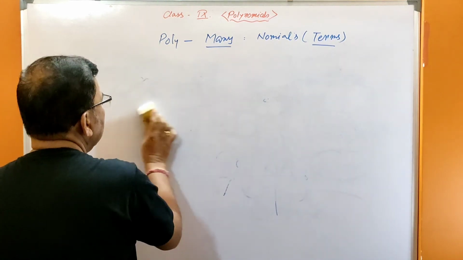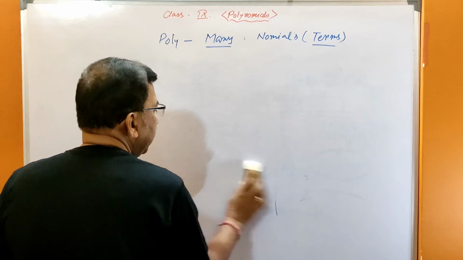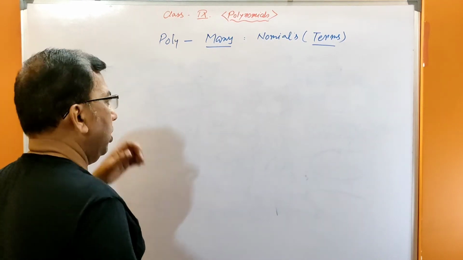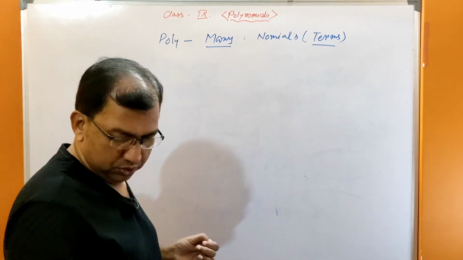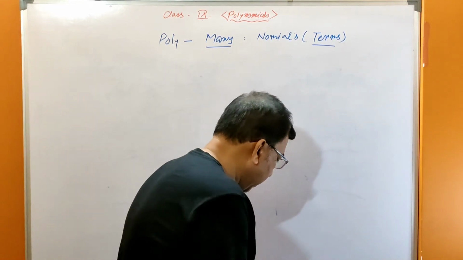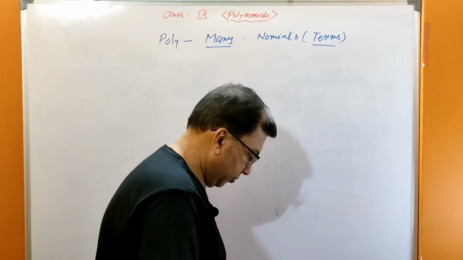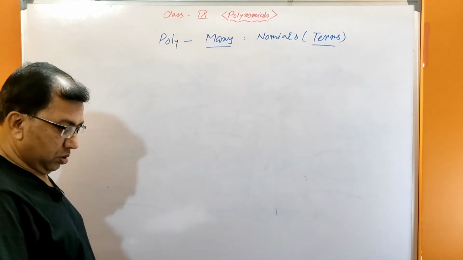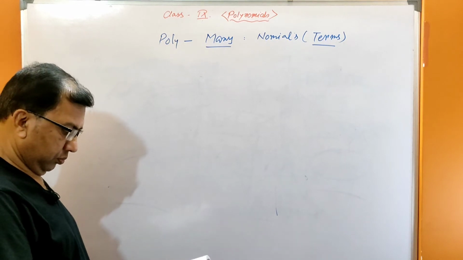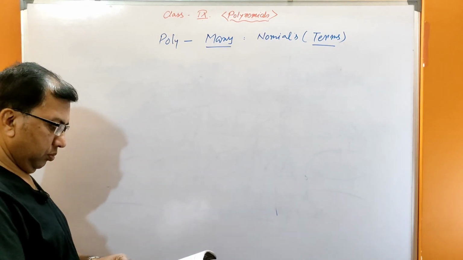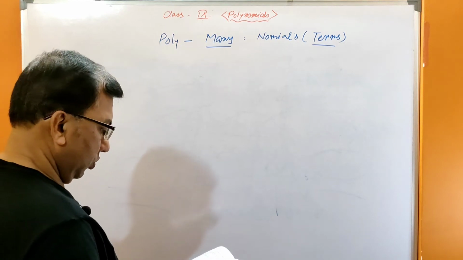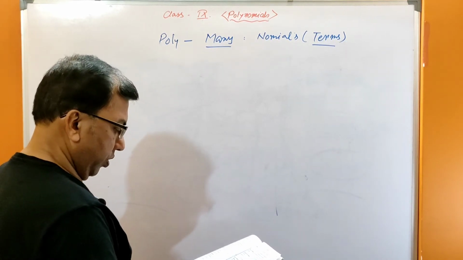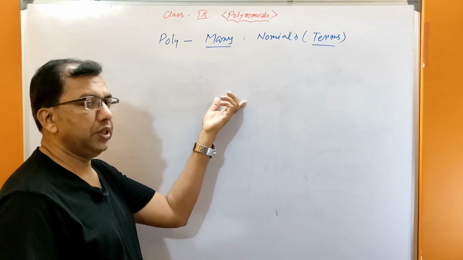So how to find the value of polynomials? Suppose a polynomial is given in your book. A polynomial whose power is 4, I already told you. The degree of the zero polynomial is not defined.